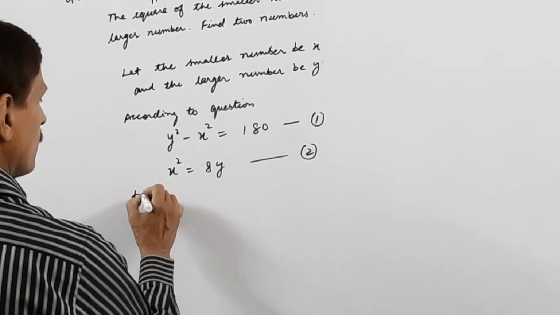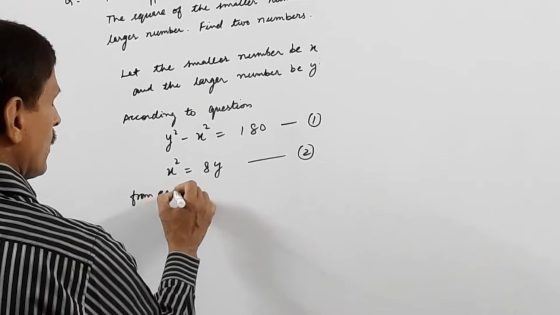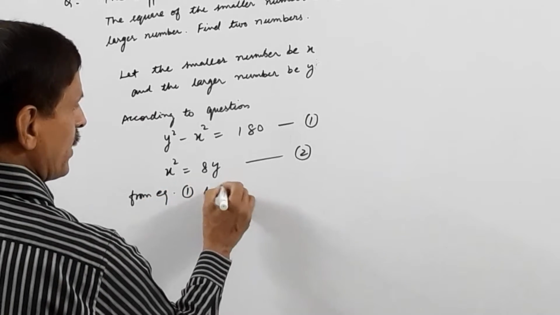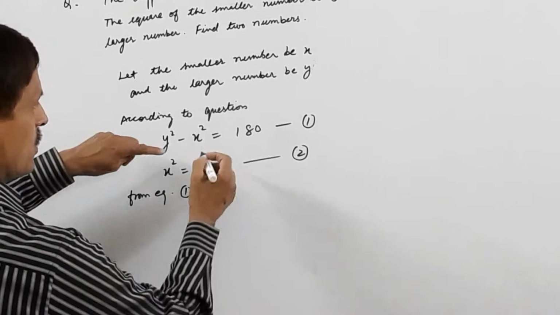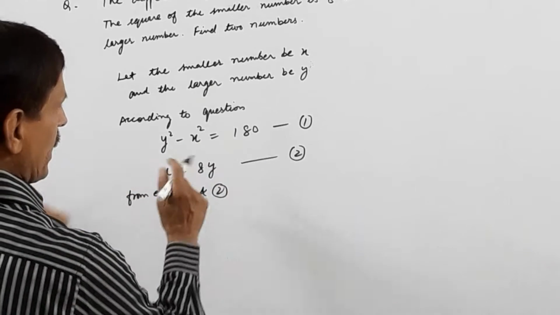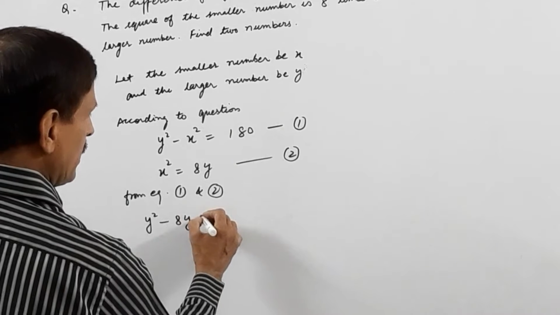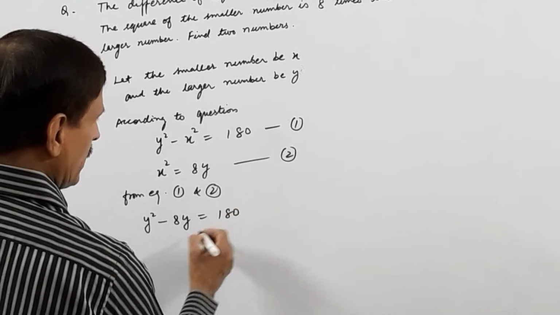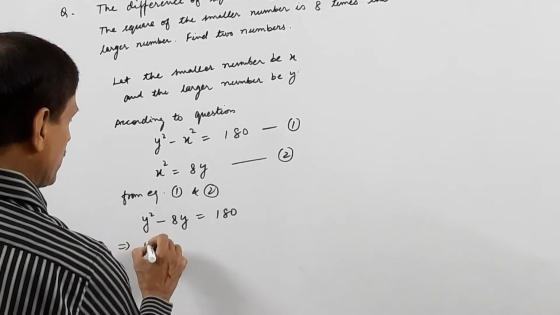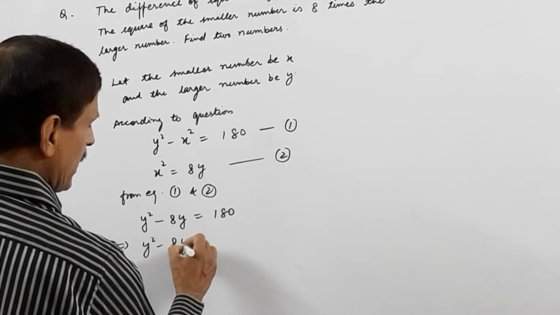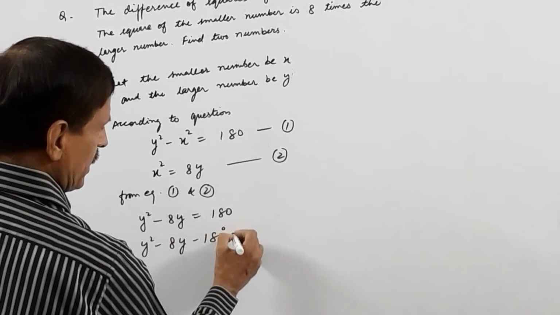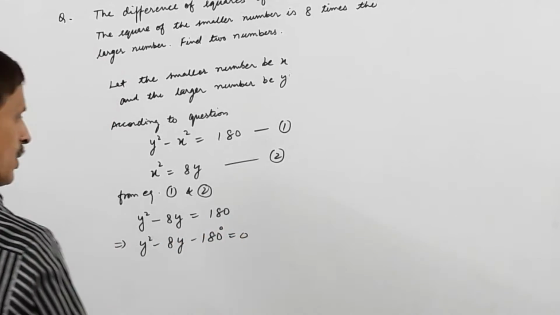From equations 1 and 2 we can substitute x square by 8y. y square minus 8y is equal to 180, which implies y square minus 8y minus 180 is equal to 0.